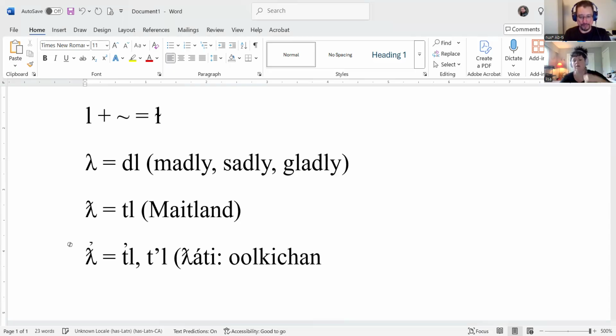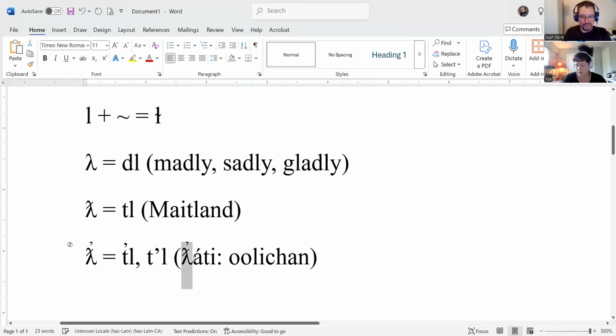Tlati is Ulican Grease. So when you hear a fluent speaker say tlati, you'll hear that very pronounced, kind of sharp sound at the start of it. It's almost like a clicking sound. So that is tlati.